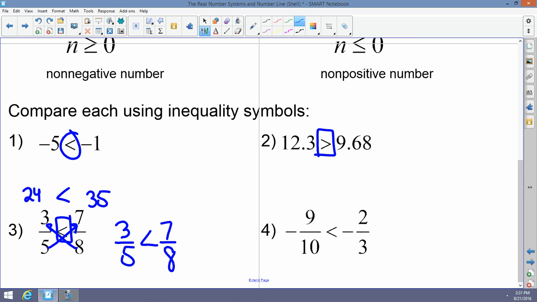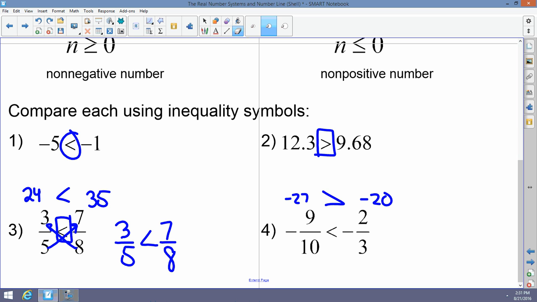Now for number 4, I have -9/10 is less than -2/3. If we use that cross multiplication skill, 3 times 9, it's going to be a -27 here, and 10 times 2, we're going to have a -20 here. Now, you may say, whoa, you got that wrong. 9/10 should be greater than, correct, Mr. Morrow? Because 27 is greater than 20.